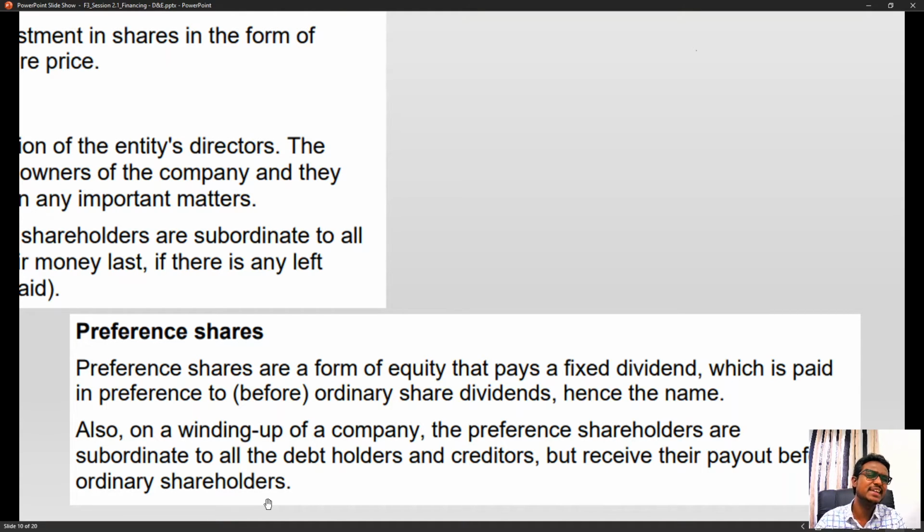So they're right there in between the debt and other creditors, and below them you have the ordinary shareholders. So these are preference shares, and in terms of returns, instead of a risk-based, dividend policy-based return, they earn a fixed dividend.